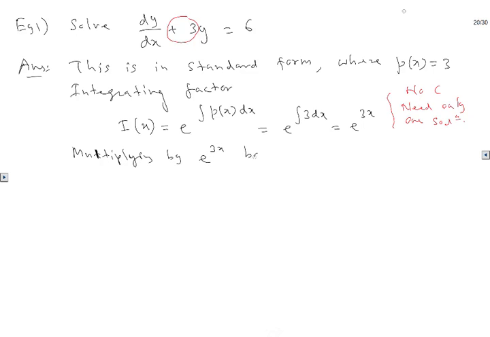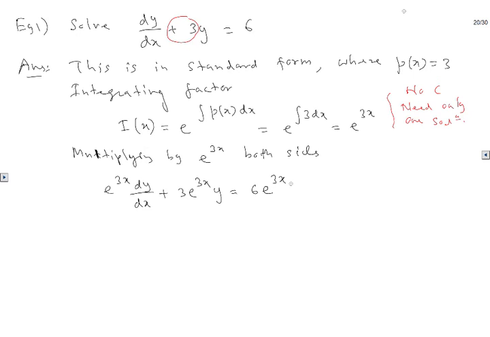We have e to the 3x dy over dx plus 3 times e to the 3x y equals 6 times e to the 3x.